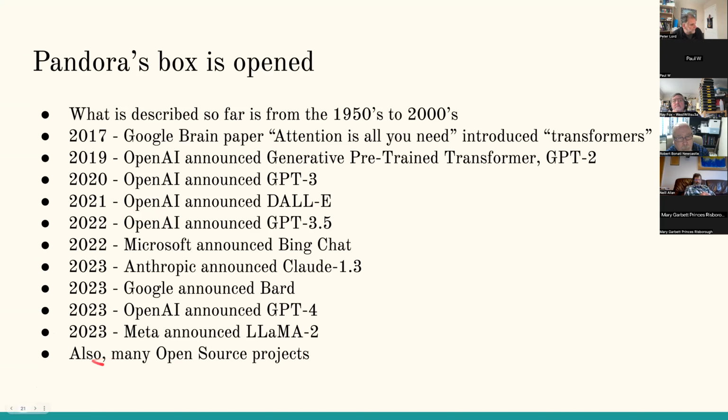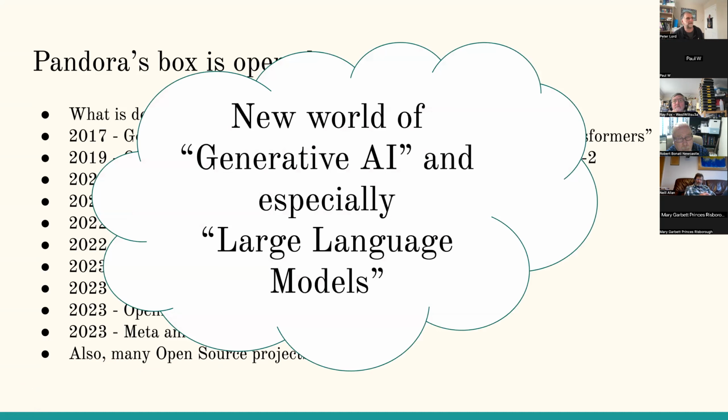And also, not to miss out, there are loads of open source projects that are also using this transformer style architecture to produce these neural networks. So now, since 2017, we've suddenly got this new breed of artificial intelligence called generative AI, and in particular, large language models, which you get when you use transformers in your model. And we're going to dig more into these large language models coming up.